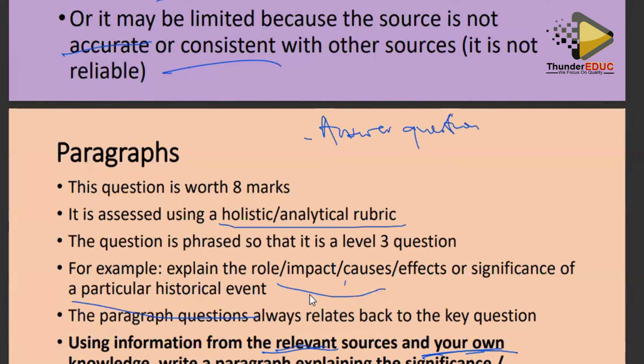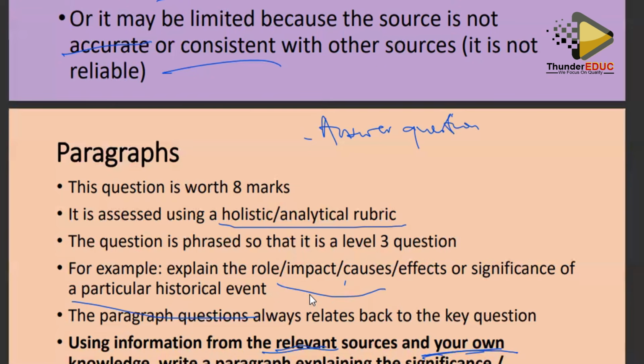That's the question, for example. You must answer the question first. If a question is asking you about the impact of the Berlin Wall on the East Berliners, give us a clue of how they were impacted by that wall. The building of that wall, was it good to them or was it bad to them? Did it give them benefits or they were actually disadvantaged by the erection of the wall? You must answer the question.